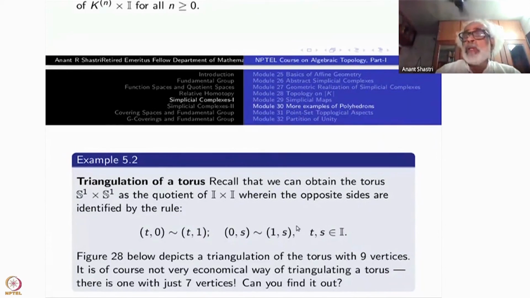So, in order to give a triangulation on the torus, we choose a triangulation on the I cross I in such a way that when you quotient out, the triangles, etc., don't collide. In other words, two vertices which are joined will go to two distinct vertices correspondingly.